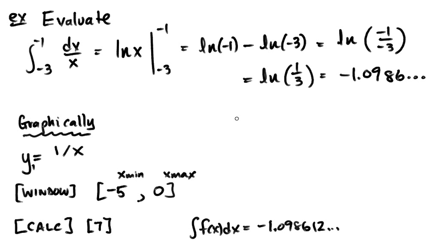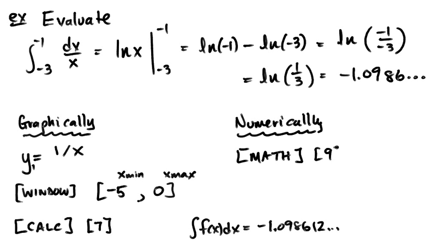You can also do this, I'll call it numerically, on your calculator. The way that you do that is to use the Math button and then select number 9. Number 9 says it is function integration numeric. What it's going to ask you to fill out are some brackets. The first thing you put in is your function.